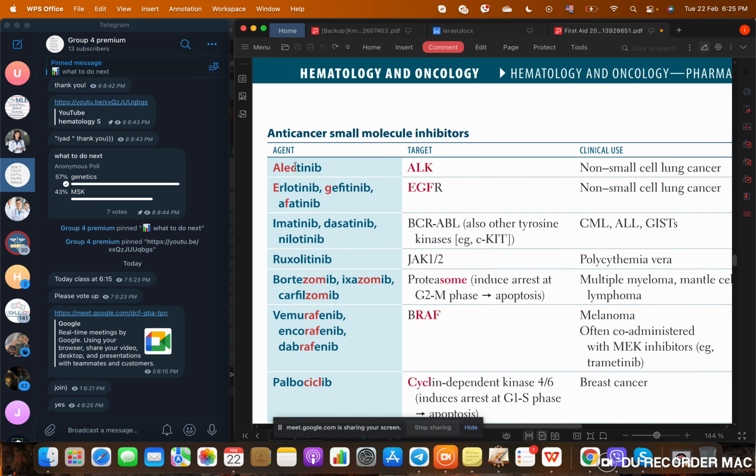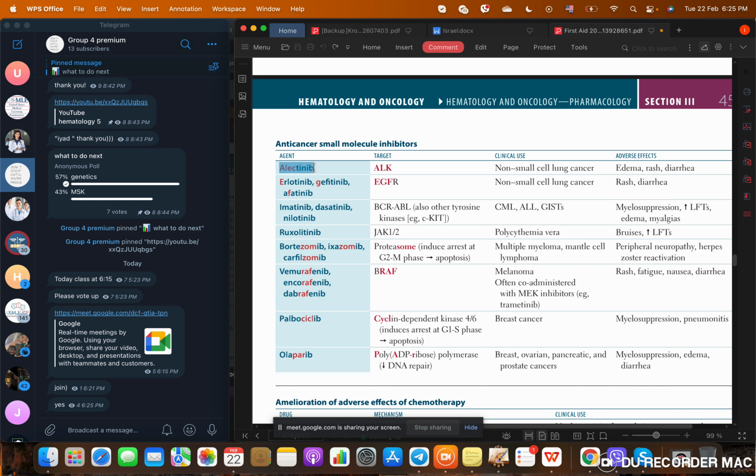I just want you to notice something here. There is the alectinib and these tinibs, but don't let that confuse you because there are other tinibs that work for something else.